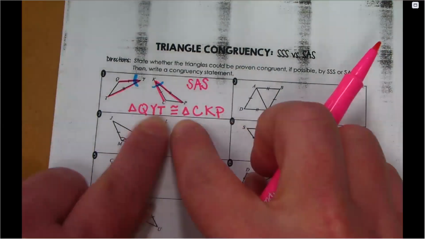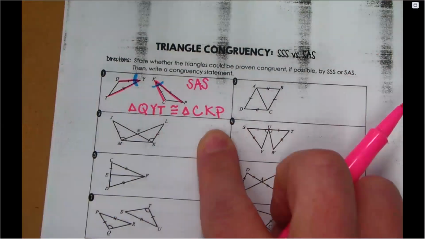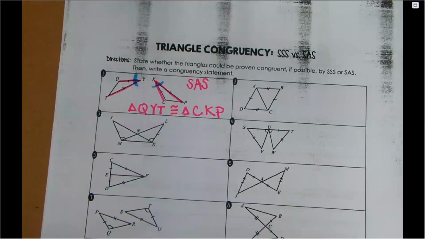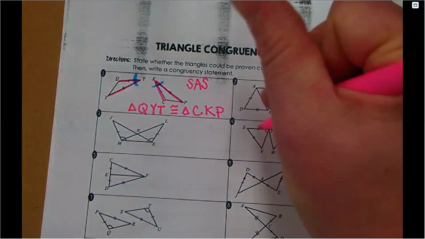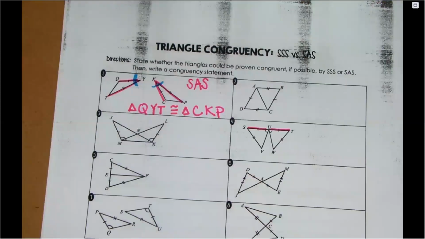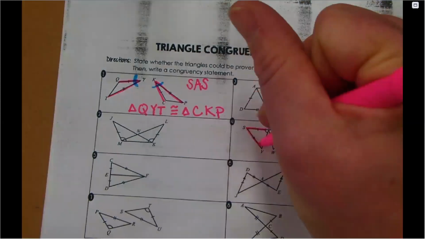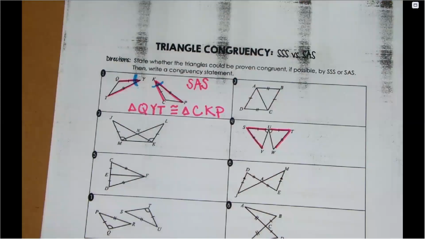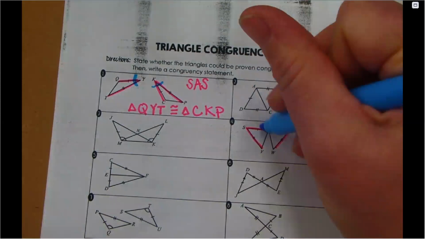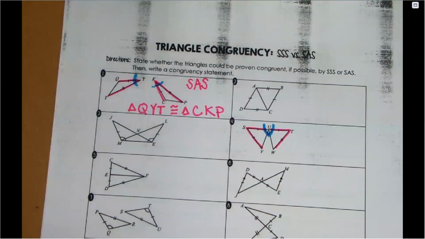Now, let's look at number 4. If we look at this one, hash mark here, hash mark here. That's good. That's a side. Hash mark here, that's good. So we've got 2 sides. And then the angle is over here. So, do we have congruent triangles?